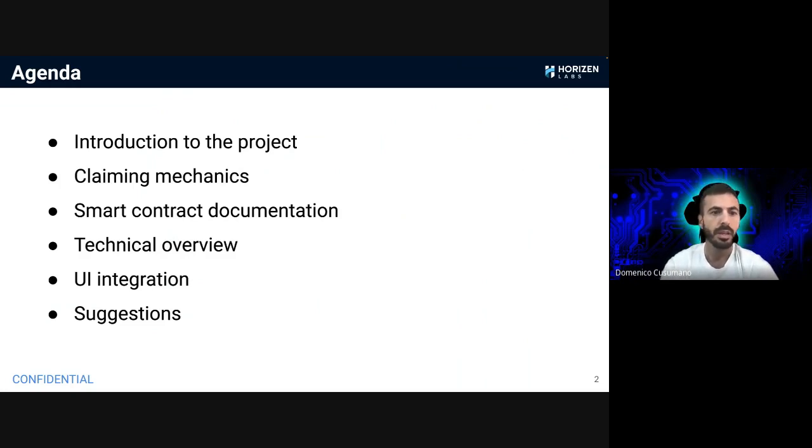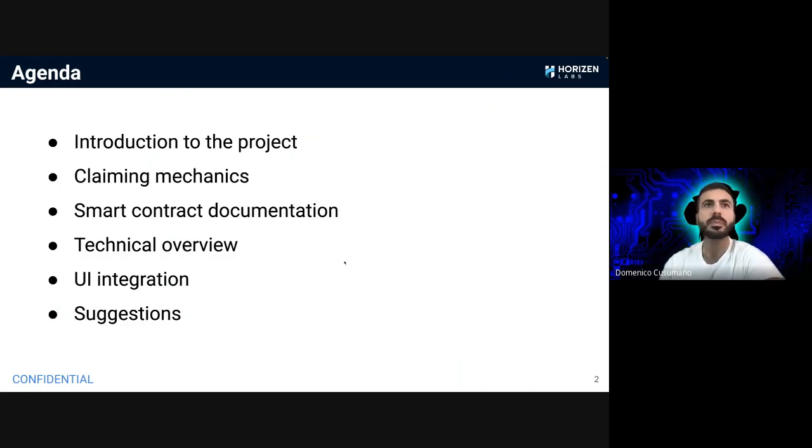Then we'll move on to understanding how claiming mechanics work. We'll give everyone a rundown of the documentation around the smart contracts that were created and a technical overview of how things work and operate, how we integrated the smart contracts with the UI, and then we'll be giving you some suggestions at the end.